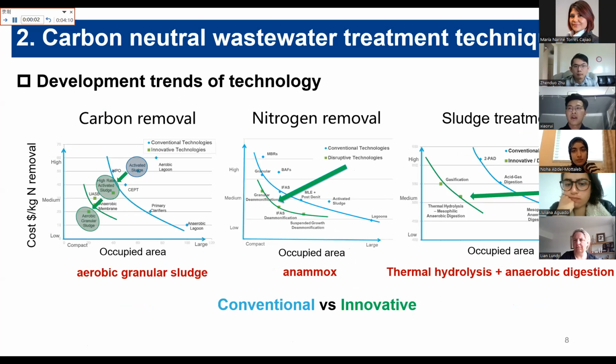By comparison, compared to the conventional technology, Anammox technology can achieve more economic benefits for nitrogen removal due to its high efficiency, including less occupied area and less money cost.